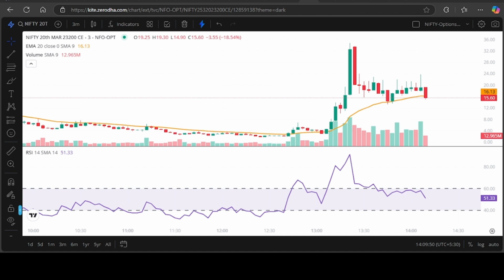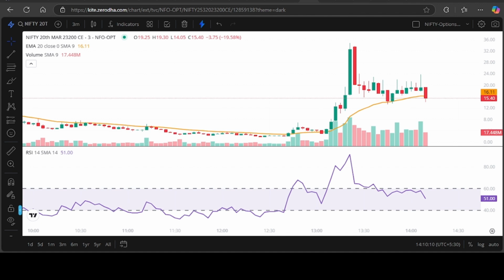So I traded those markets as well and made good money over there. Now there are some changes by SEBI. There will be only two expiries a week, that is Thursday Nifty and Friday Sensex. And all the others will have monthly expiries.